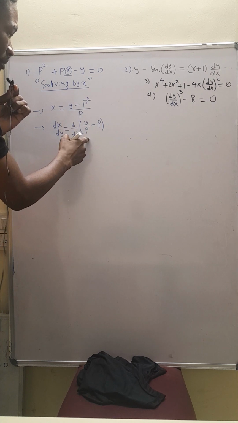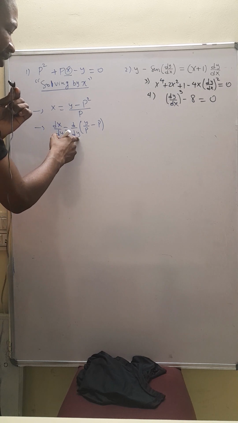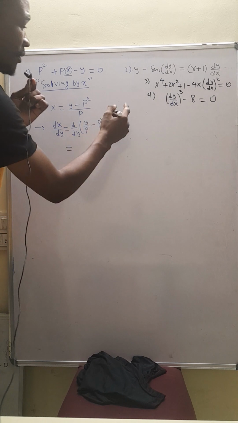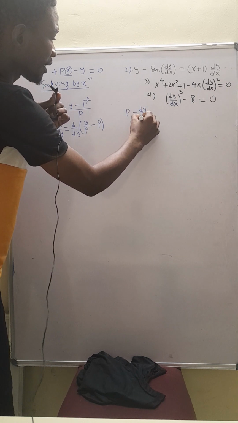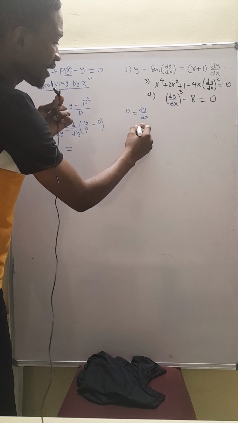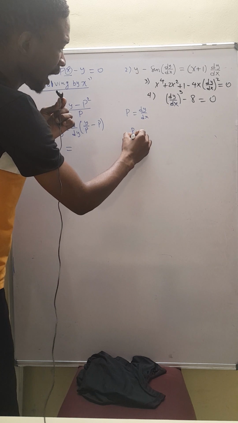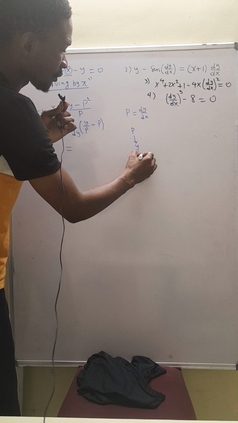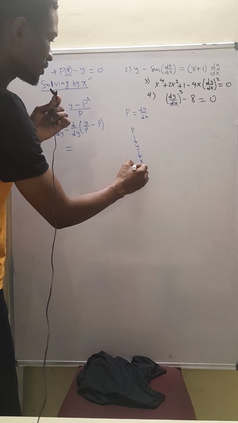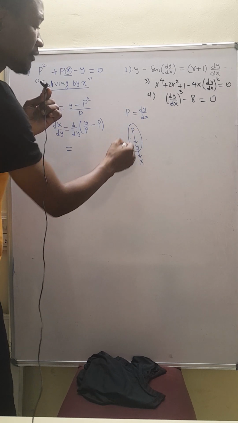So y and p are both functions of y. Why? Very simple, because p is dy by dx. So p acts as a bridge: from p we go to y, and from y we go to x. So p is also a function of x.